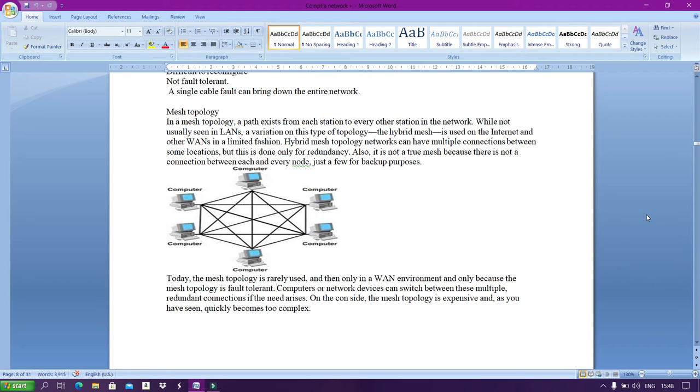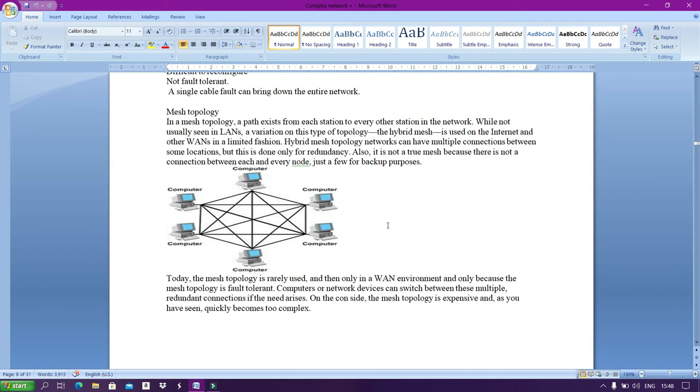Hybrid mesh topology networks can have multiple connections between some locations, but this is done only for redundancy. Also, it is not a true mesh because there is not a connection between each and every node, just a few for backup purposes. So this here is a picture of a mesh topology.